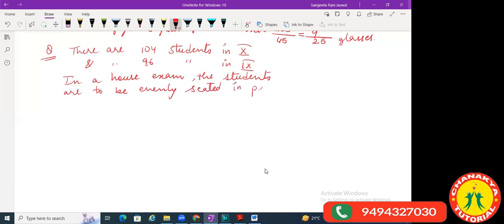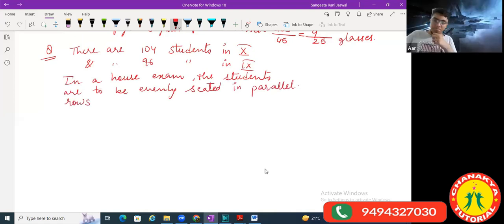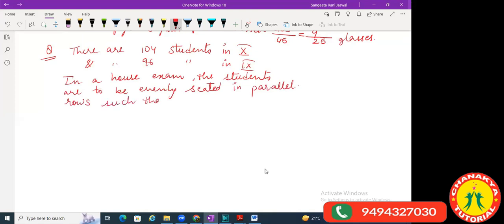in parallel rows. As you also must be sitting in your school in different rows, no? During exam days. Yes, ma'am. In parallel rows, such that no two adjacent rows are of the same class.